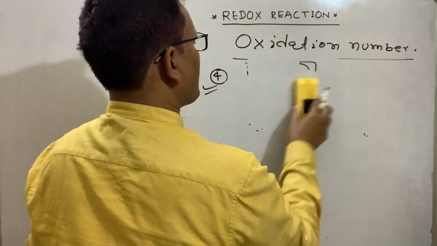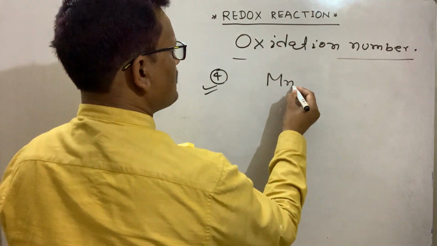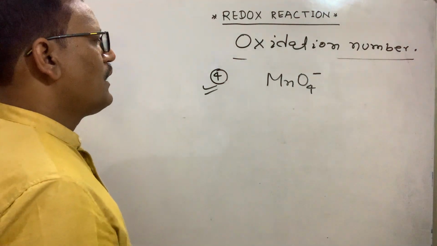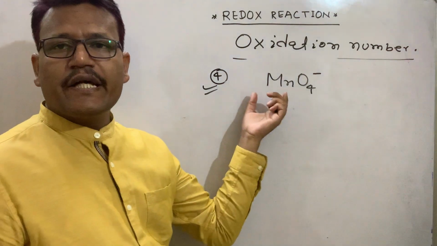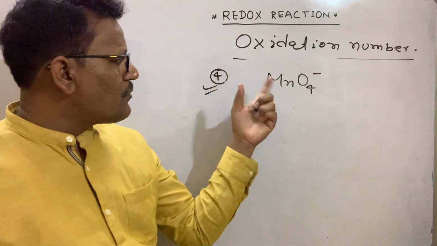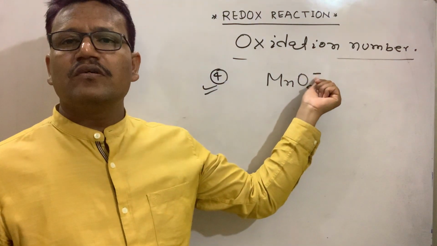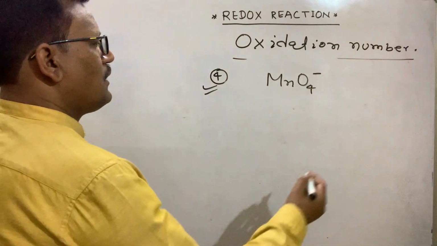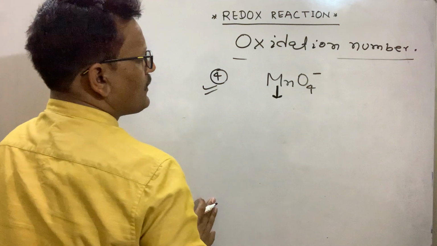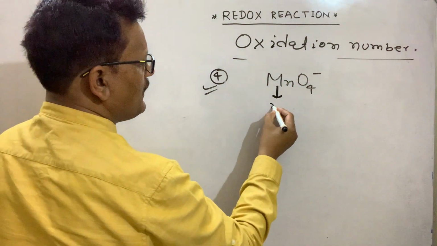Similarly, this is the permanganate ion. This is a polyatomic ion. So the sum of oxidation numbers of manganese and oxygen will be equal to -1. First we have to imagine the oxidation number of Mn will be x.